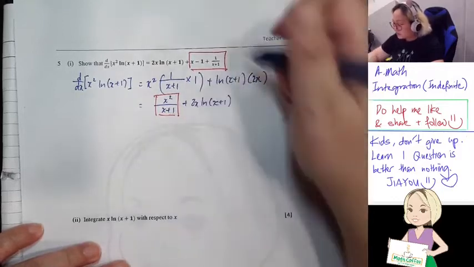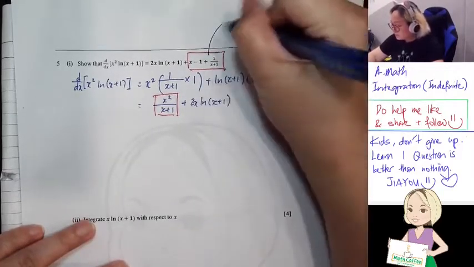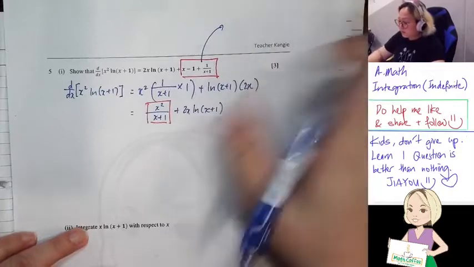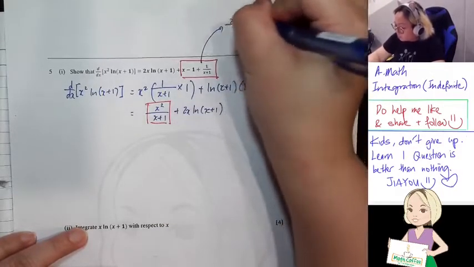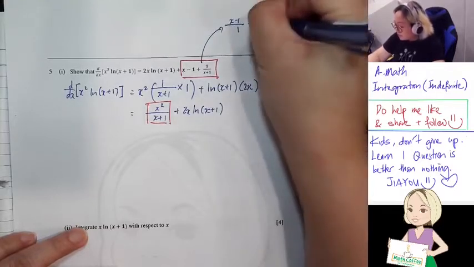So I'm going to do additional working here. The whole thing is x minus 1 over 1 plus 1 over x plus 1.